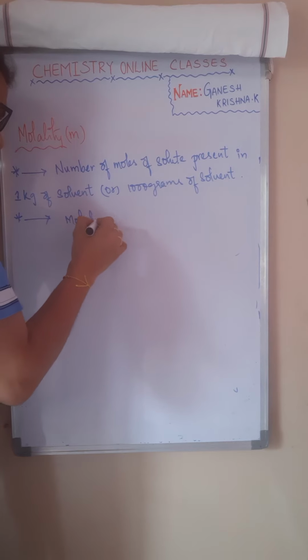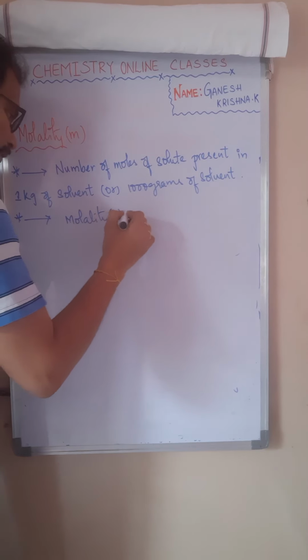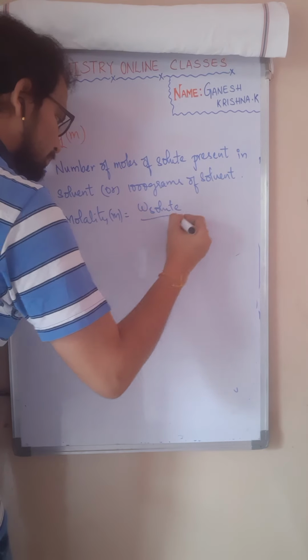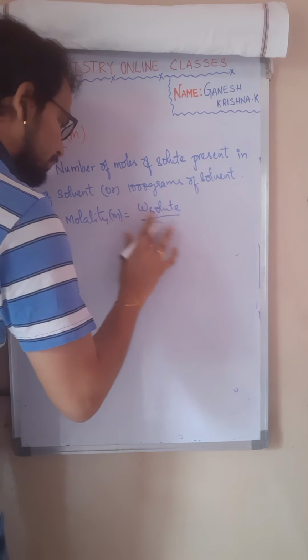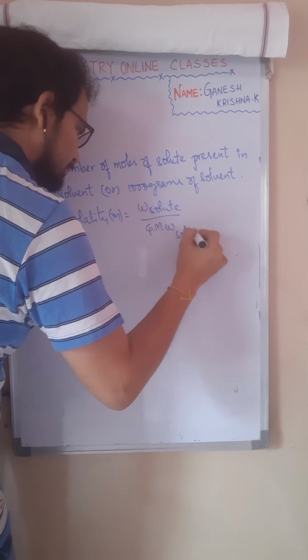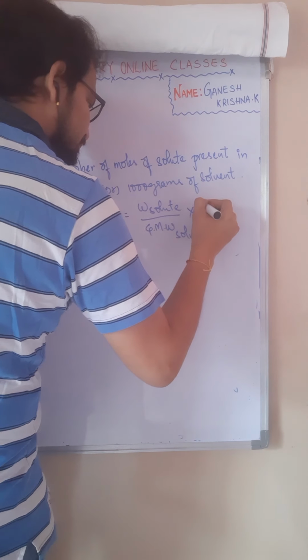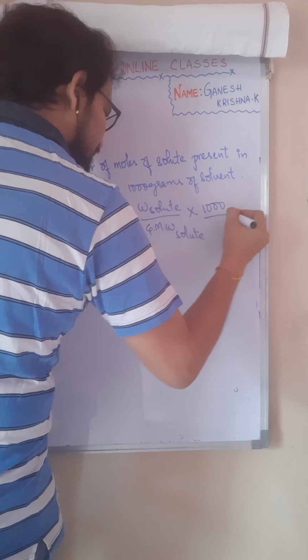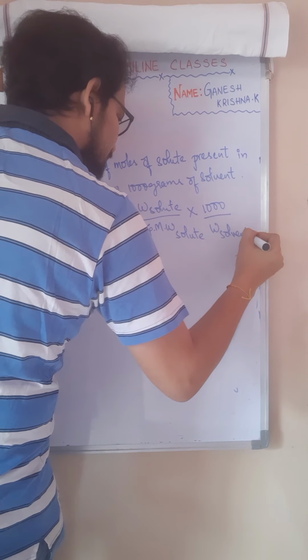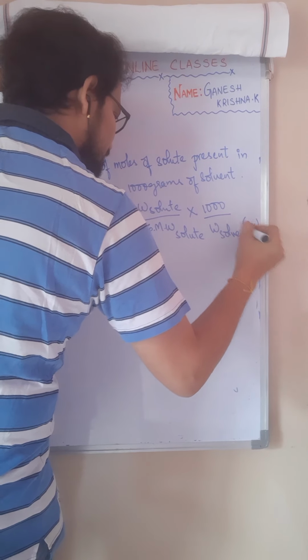So molality is given by the formula: weight of solute by gram molecular weight of solute, into 1000 by weight of solvent measured in grams.